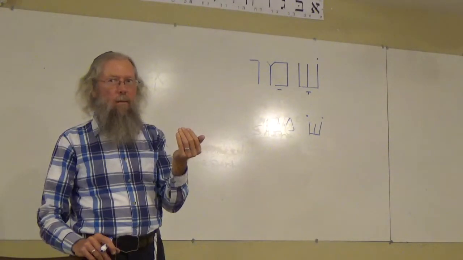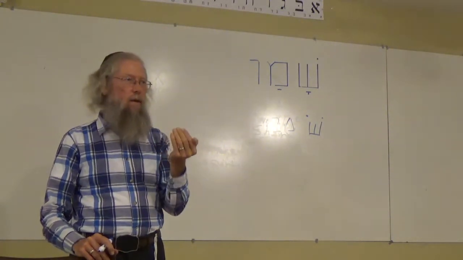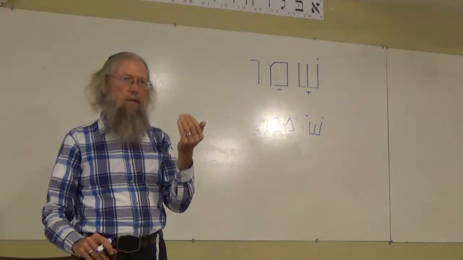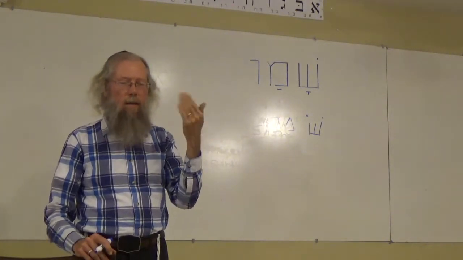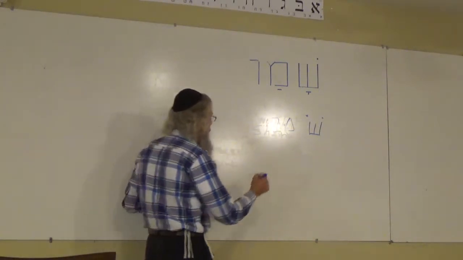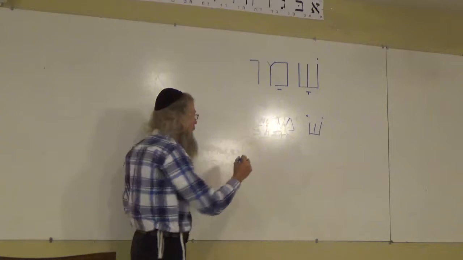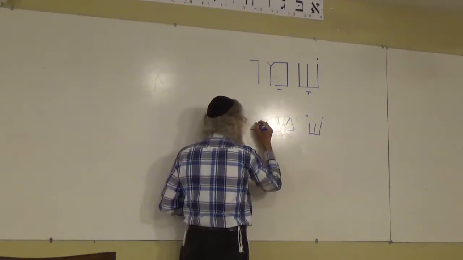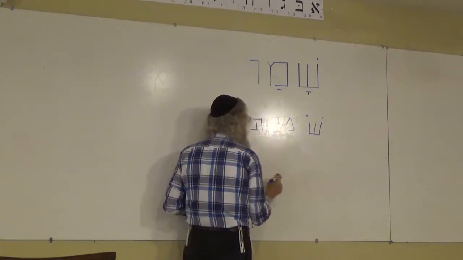Remember that when you pluralize a feminine, you add the ot, the tav at the end. So what I'm going to do is add the tav at the end of the word. You're right, the tav. Oh, okay, I'm sorry, yes. I'm confusing myself again.